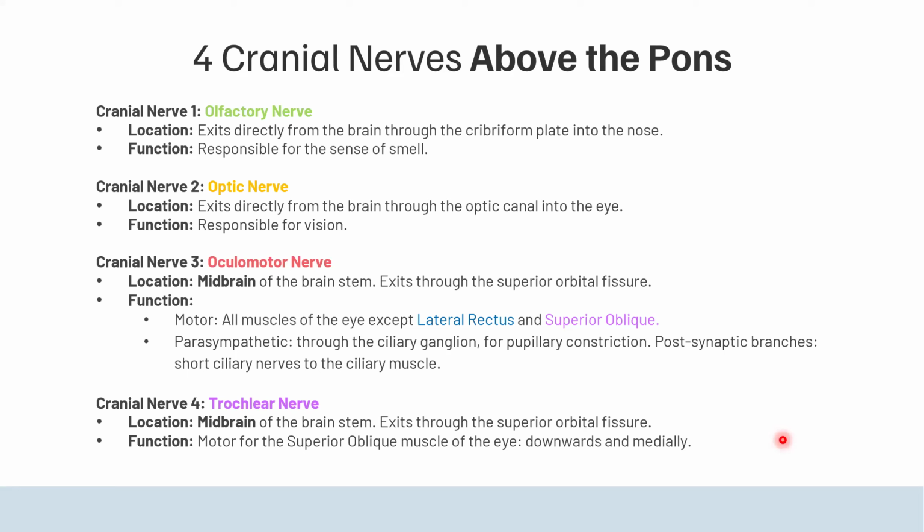Our third cranial nerve is in the midbrain alongside the trochlear nerve. So cranial nerves 3 and 4 are both within the midbrain of the brainstem. The oculomotor, from its name, is going to supply the motor supply to the muscles of the eye. So all of the muscles of the eye that move it around are going to be supplied by the oculomotor, except for 2.